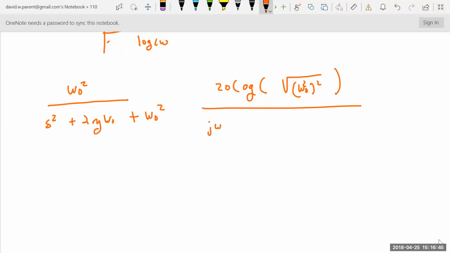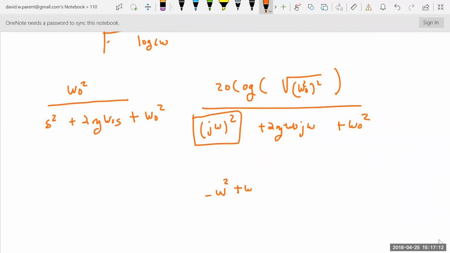So you have (j omega) squared plus 2 omega naught j omega plus omega naught squared. Now this turns into minus omega squared plus omega naught squared. I'm going to square that.